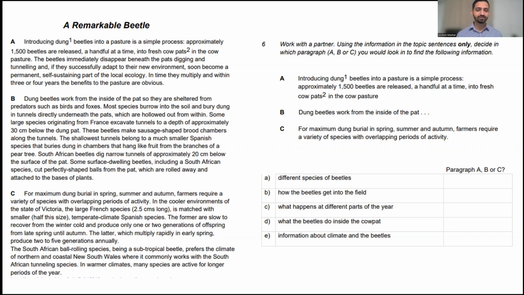In the cooler environment of the state of Victoria, the large French species, 2.5 centimeters long, is matched with a smaller, half the size, temperate climate Spanish species. So it's talking about information about climate and the beetles. It's talking about the climate in the cooler region. What do you find in the temperate climate? And so on. So it's pretty easy to understand, reading from the first paragraph as well.